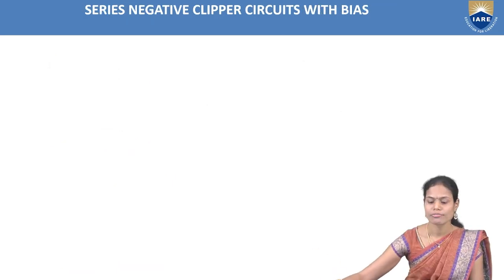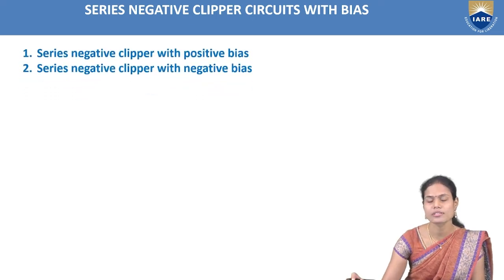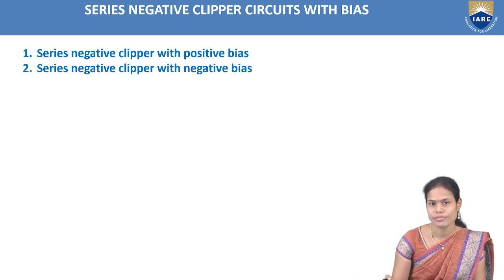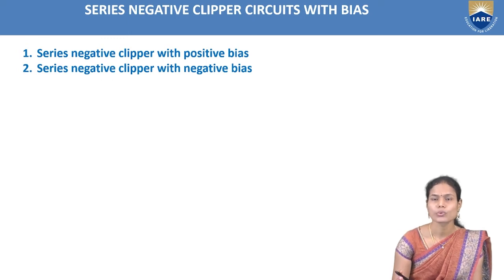So the next kind of clippers is series negative clipper circuits with biasing. Till now we have seen the series positive clippers with biasing. Now we will see the series negative clipper with positive bias as well as series negative clipper with negative bias. So what is the use of this particular type of clippers? Series negative clipper with positive bias will remove some of the negative portion of our applied input voltage.